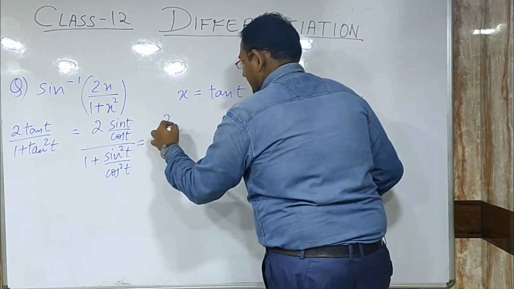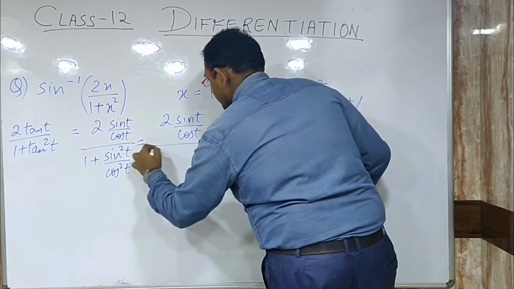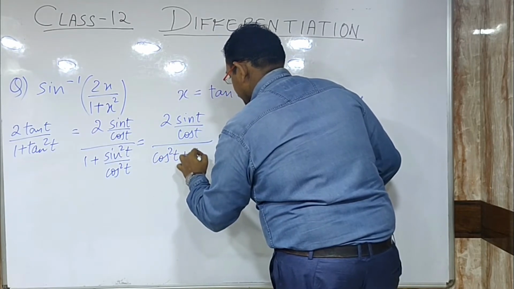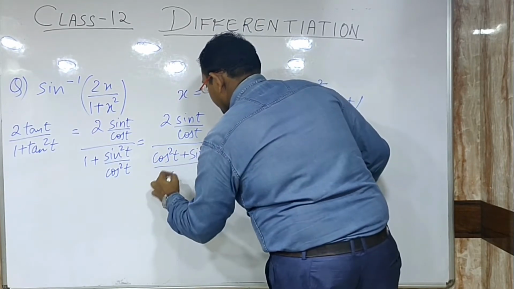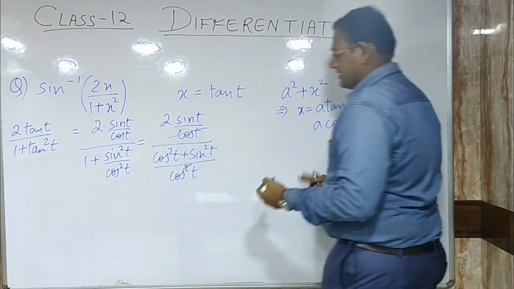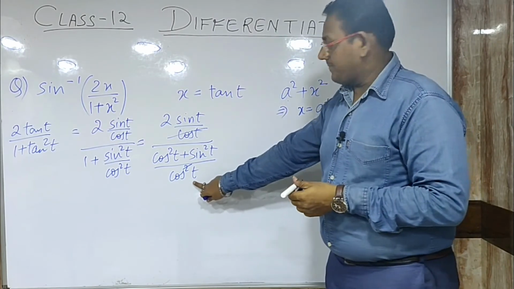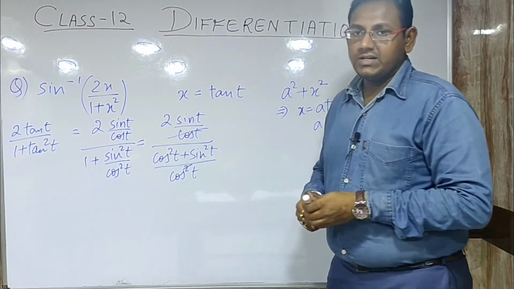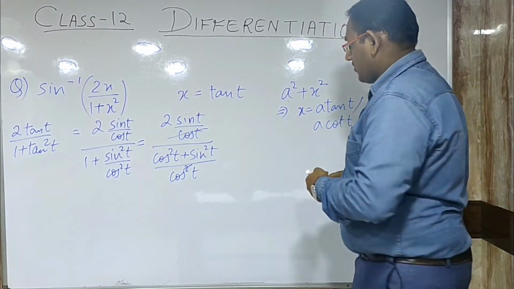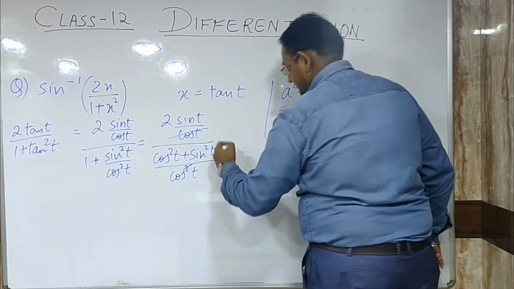If you simplify the denominator, keeping the numerator as it is, we get cos square t plus sin square t by cos square t. This cos t and this cos t will cancel out each other, and we get cos t after cancelling. Now cos square t plus sin square t is an identity, and the value of this identity is 1.